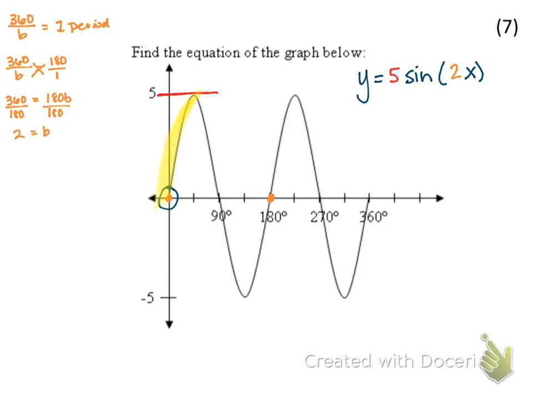We can see we have one wave and then a second wave within 360 degrees, and that's exactly what our b value tells us. It's how many periods there are in 360 degrees. So we can use the formula, but if it's an easy value, we can also look at the graph and just count the number of periods within 360 degrees.